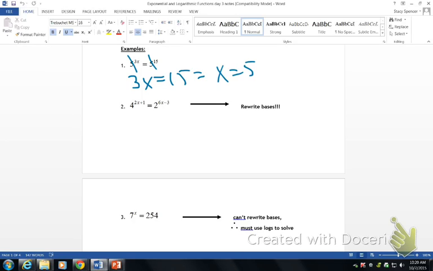So how could we rewrite the 4? 2. So we could rewrite 4 as 2 squared times the 2x plus 1 that's already there. And then what can you do? Now you can cancel. Now you've got that same base and you can cancel.